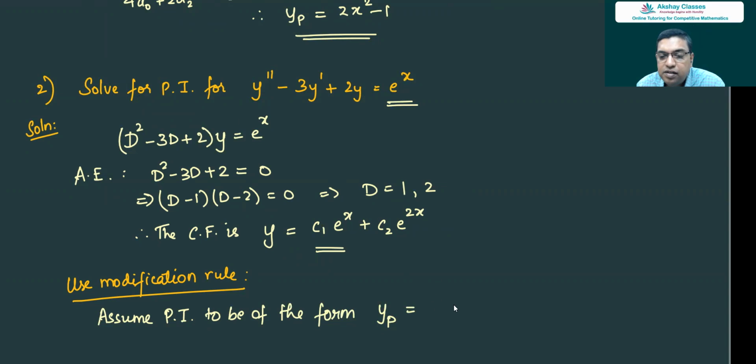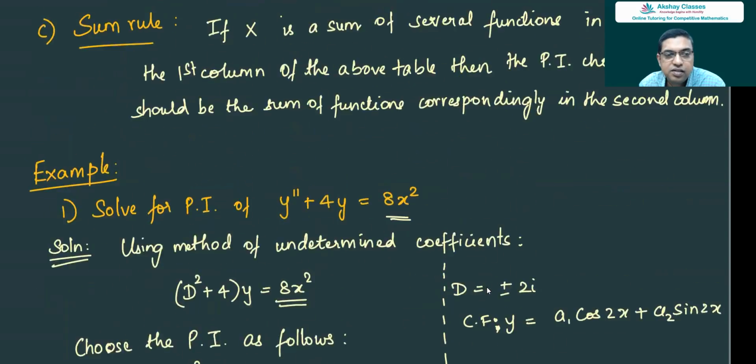e^x is right, constant is right. We multiply with x because we have e^x as the common term. So that is the modification rule we discussed here.